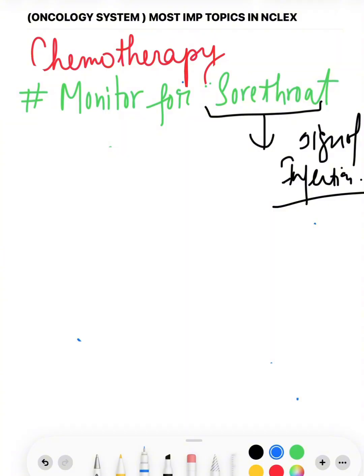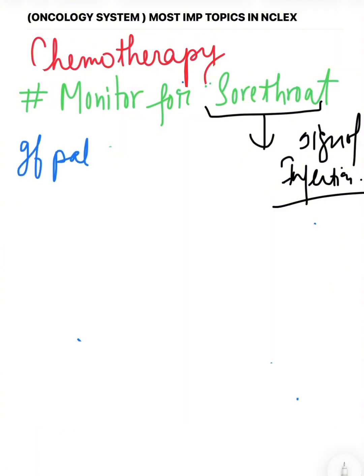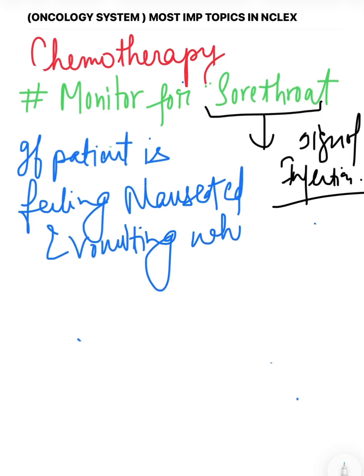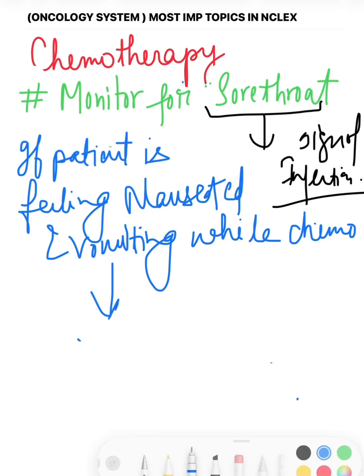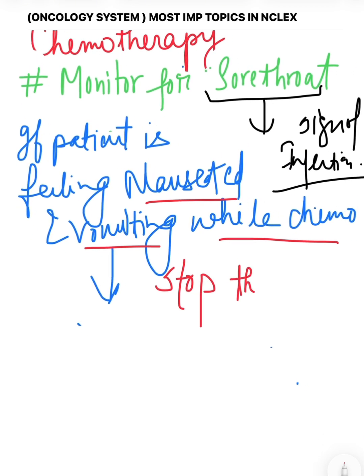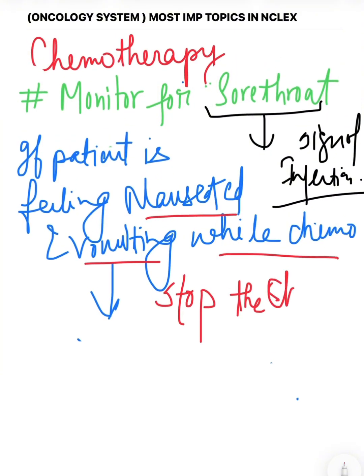If the patient is feeling nauseated and vomiting during chemotherapy, the first step as an RN is to stop the chemo, then flush with NS, that is normal saline.